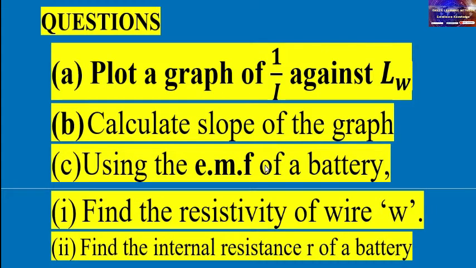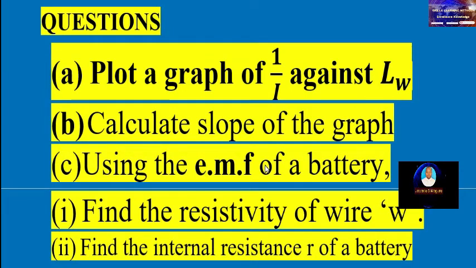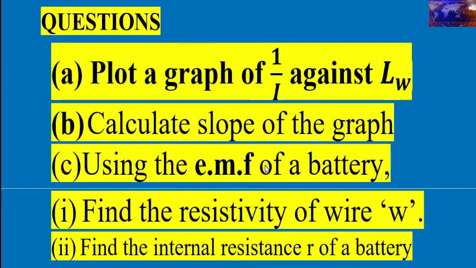You have to record before and not after, because when you record after, it means your battery has been used, so the value cannot be exact. So you have to measure before using the cell or battery in order to get the exact EMF of that battery, and in order to get the accurate resistivity of the wire you have been provided.